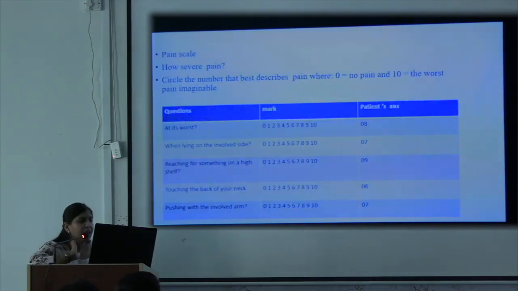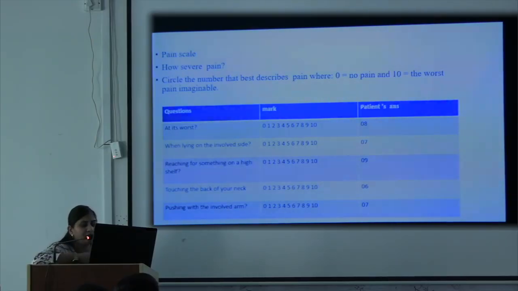The pain scale has 5 items with a 0 to 10 rating, where 0 is no pain and 10 is the maximum pain. We ask some questions and the patient answers. First question, at its worst, 0 to 10: patient marks number 10.